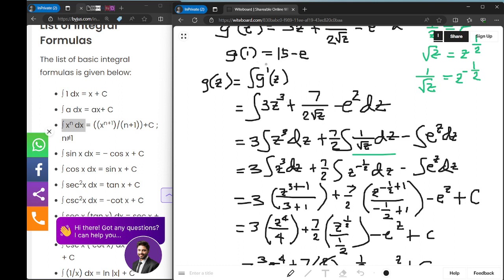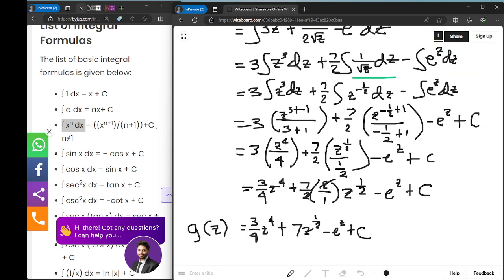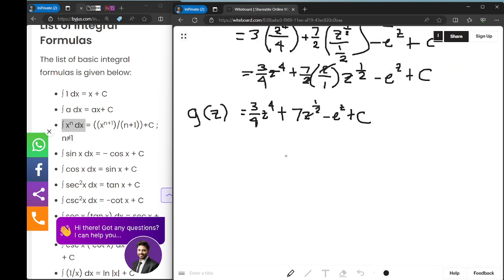But we have here a condition that when z is equal to 1, we have 15 minus e. So again, based on the condition, if z is equal to 1, where should I write it?